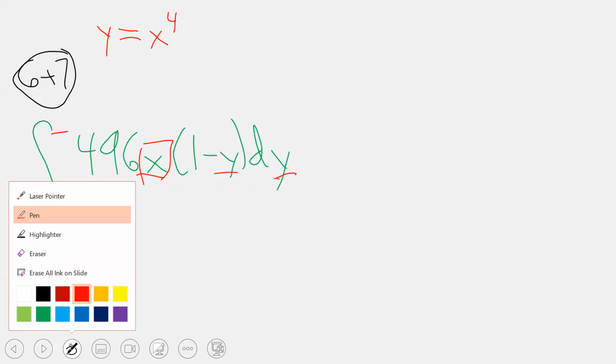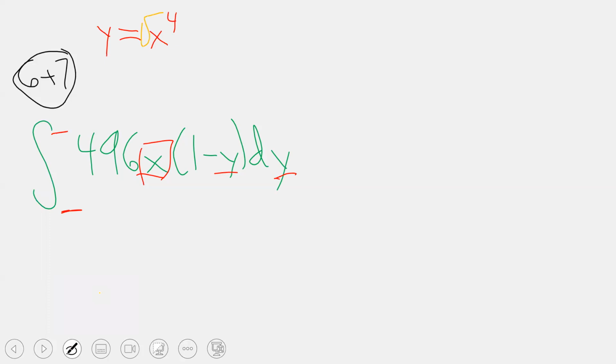So we can solve for X there by taking the fourth root on both sides. And so when we do that, that gives us X equals fourth root of Y. But another way to write that is Y to the 1/4.